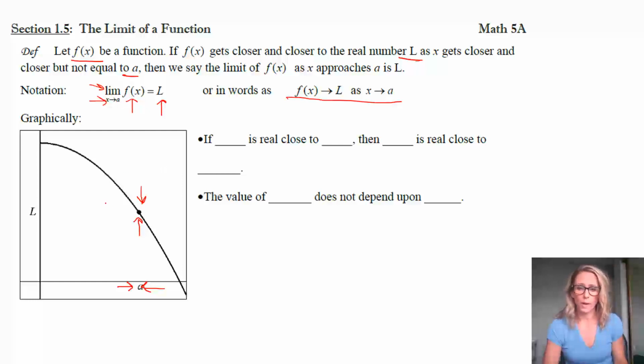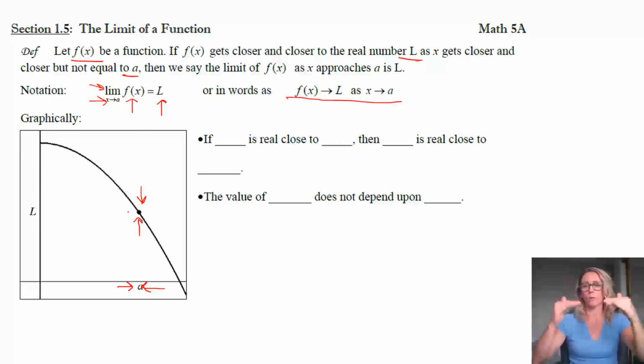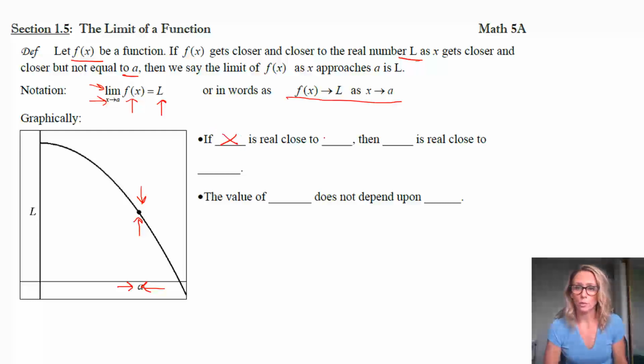I've already shown it to you graphically here. Basically, if we're getting close in the x direction, are we also getting close to something in the y direction? So we would say if x is really close to a, then f of x, which is our function, is really close to L. And when we say f of x, graphically, we're really just saying the y values.